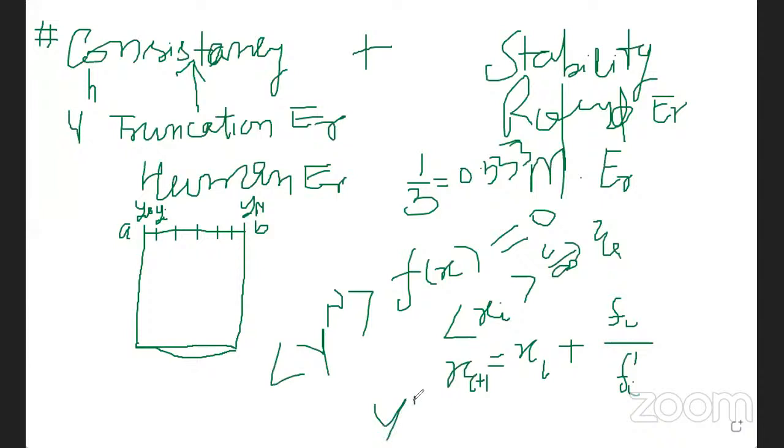y_n is a vector whose components are y_0, y_1, and so on. So here it will not be a sequence of numbers; it will be a sequence of discrete functions.